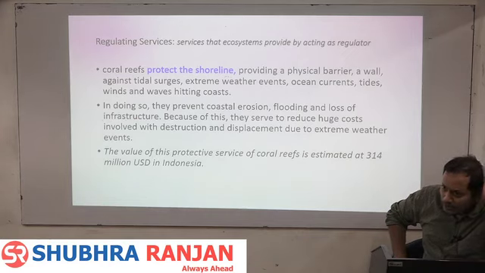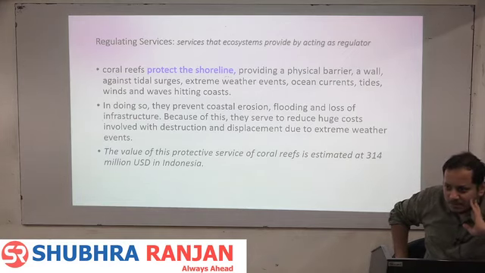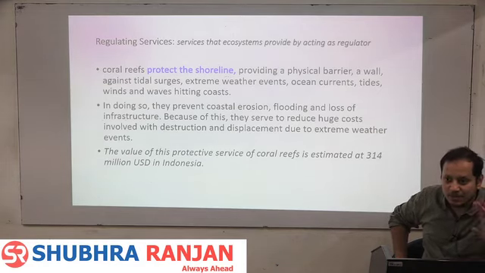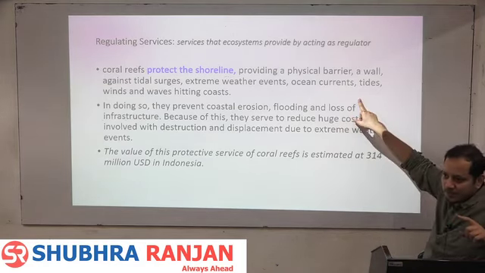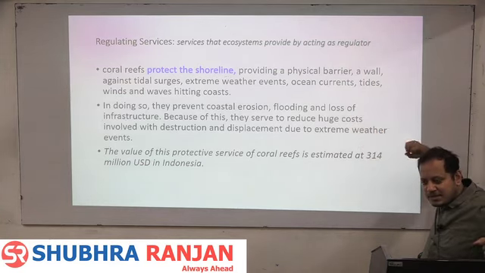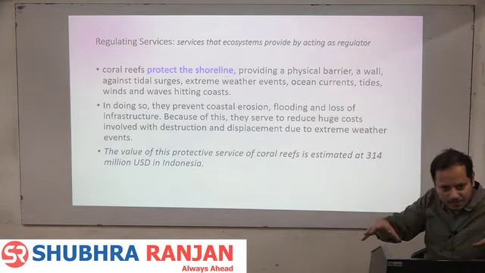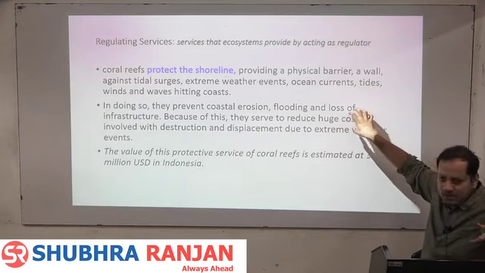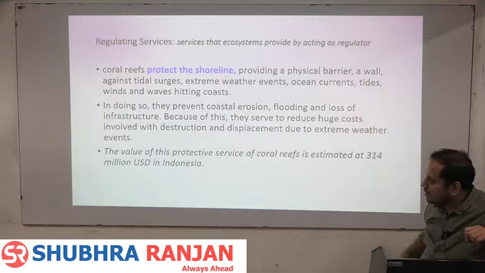Anyone has gone to Andaman and Nicobar from the classroom? Are there waves there? Yeah, waves absent है Andaman Nicobar. क्यों? क्योंकि waves are stopped by the corals. Go to Goa, go to Mumbai, you will see directly waves coming and hitting the coast. Fine?